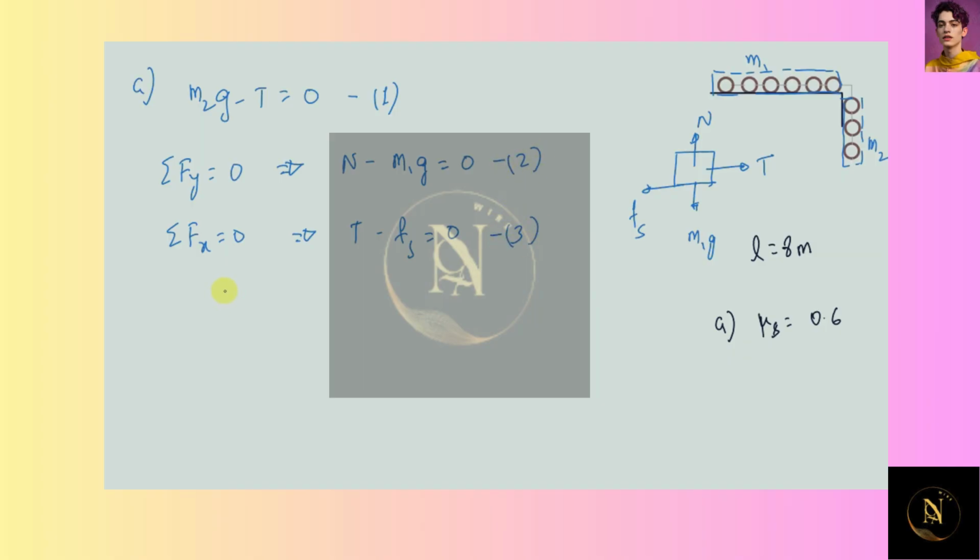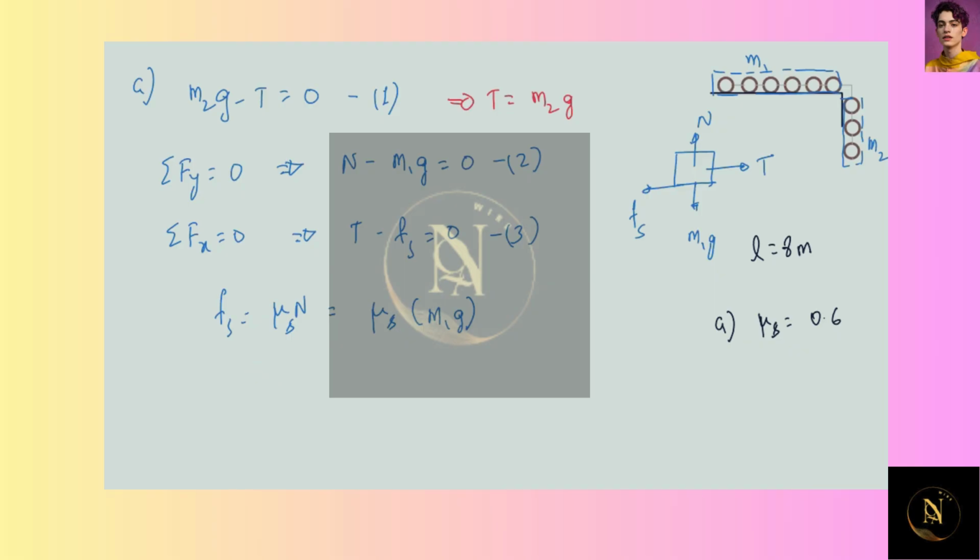Now we are assuming that the chain is on the verge of slipping. So static friction Fs would be equal to mu times N, and here N would be equal to m1g from this equation. So mu s, the coefficient of static friction, times N, which is m1g. And from this equation, we can say that T would be equal to m2g. Now we can plug the value of T and Fs here.